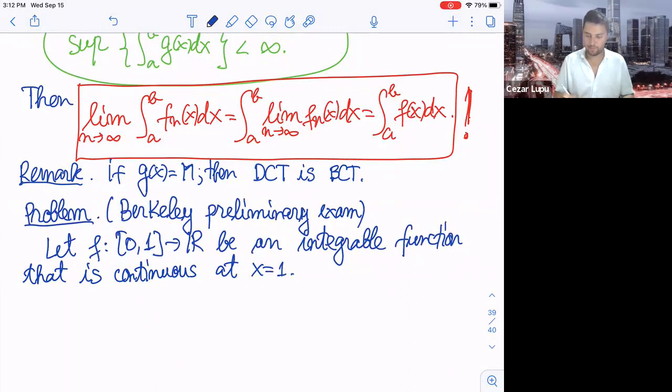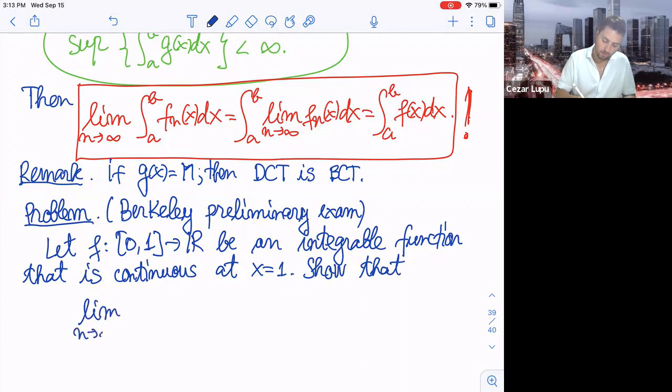Then show that the limit as n approaches infinity of the integral from 0 to 1 of n x^(n-1) times f of x dx is f of 1.